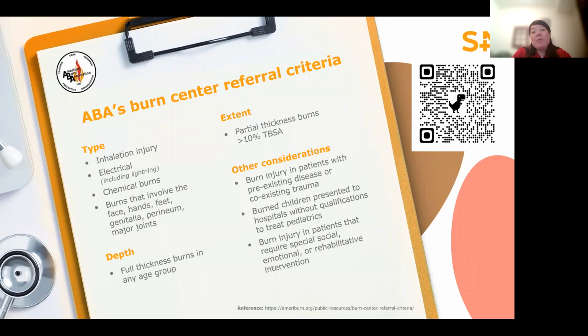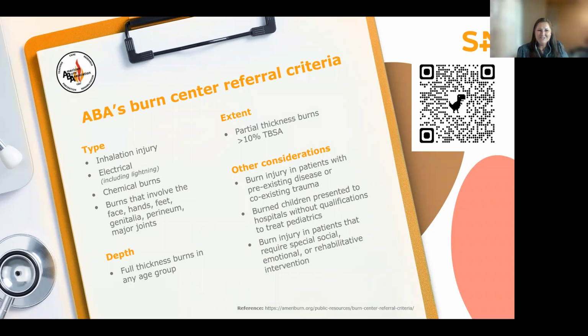There you will find all of the varying burn centers and their contact info across Canada, because I know, in speaking with Dr. Logsetti and other members of the Canadian Burn Association, that they are there as a resource to speak to emergency department physicians when you're unsure of whether or not to transfer a burn. Also, for any other questions about the care, they are there to help and support you.